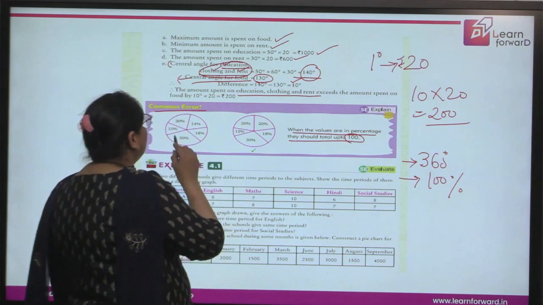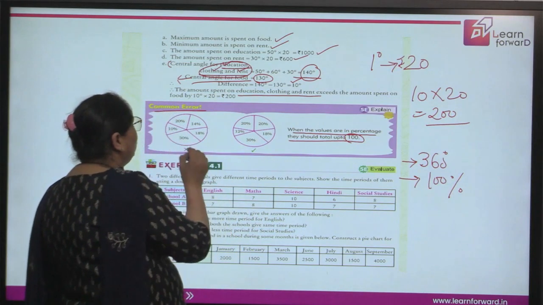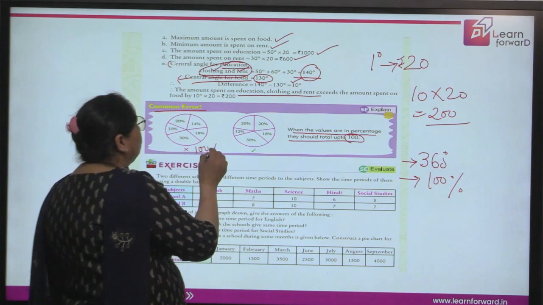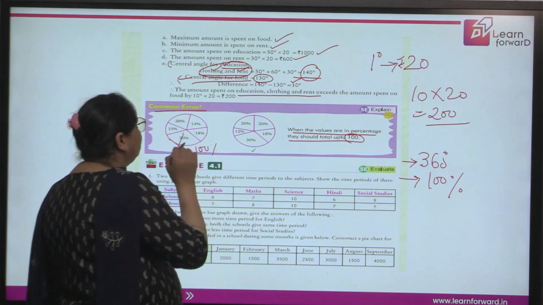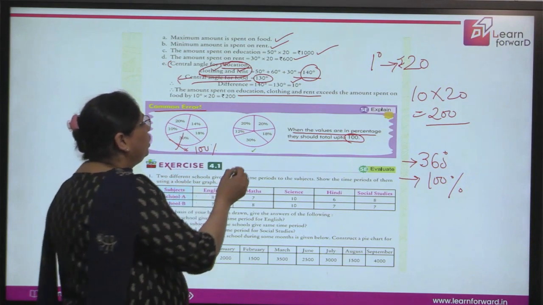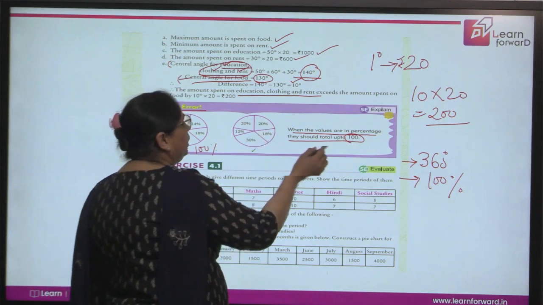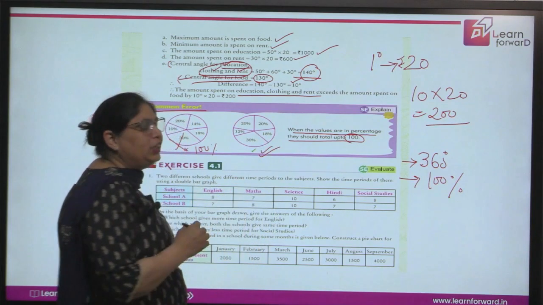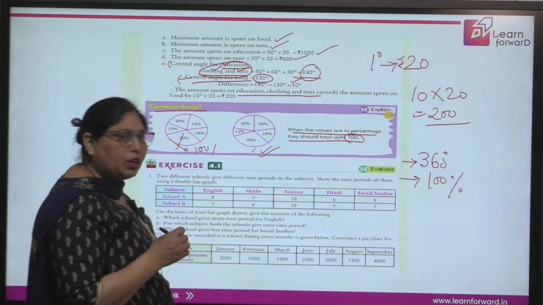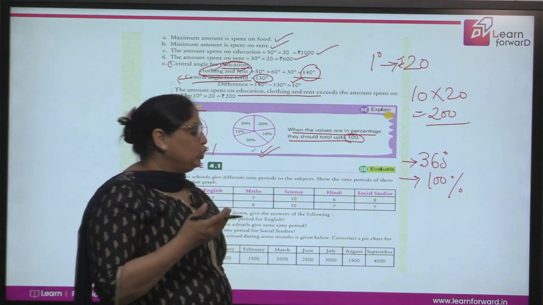So in this case the percentage is not equal to 100%. It is not a correct way of representing the data. But here the percentage is adding up to 100, so it is a correct way of representing a circle graph or pie chart.